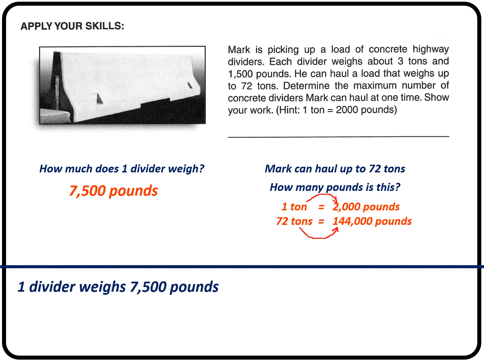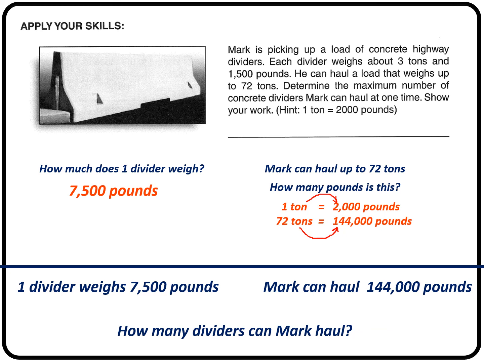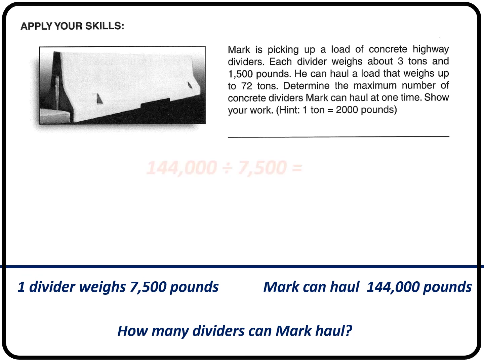One divider weighs 7,500 pounds. Mark can haul 144,000 pounds. So how many dividers can Mark haul? This is a division problem. We're going to divide 144,000 by 7,500, and we get 19 and 2/10.